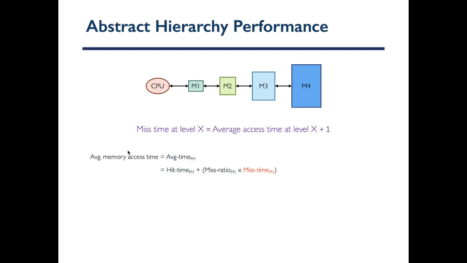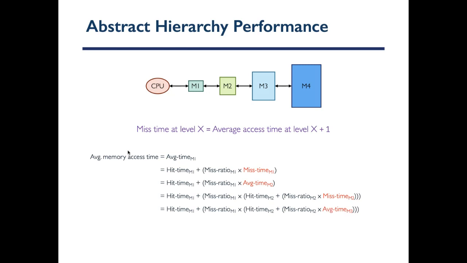Again, we're going to use the same concept for miss time of M1. What is the miss time of M1? It's the average time of M2. And what is the average time of M2? It's the hit time of M2 plus miss ratio of M2 times miss time of M2, and so forth. Now you can substitute miss time of M2 with average time of M3, and you can keep going, right?